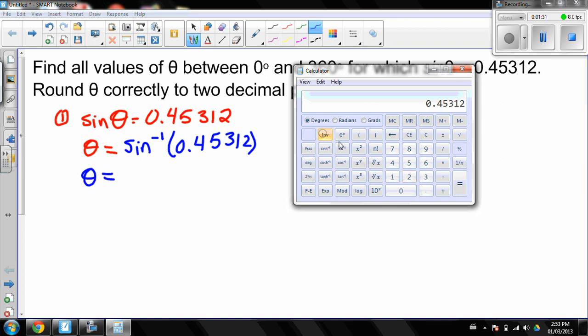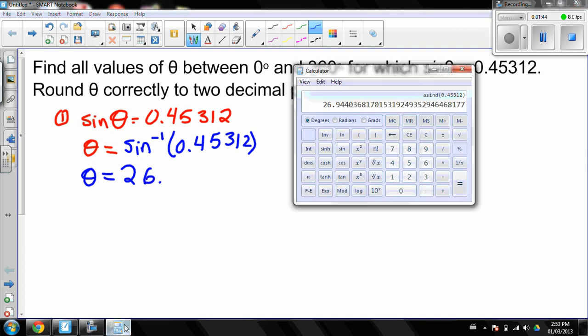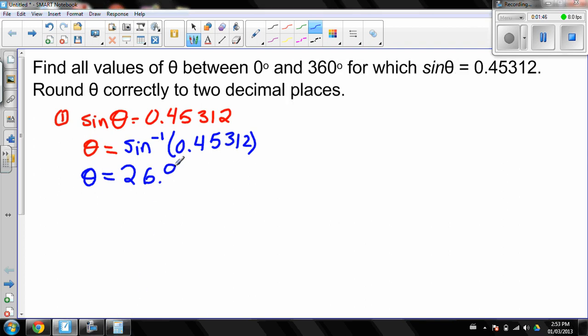The inverse sine gives me an angle of 26.9, or for our purposes, we're going to say 26.94, because they say to 2 decimal places. So what that means is that when sine is equal to this ratio, I get an angle of 26.94, and that comes out of our grade 10 math, so we've seen this a lot.